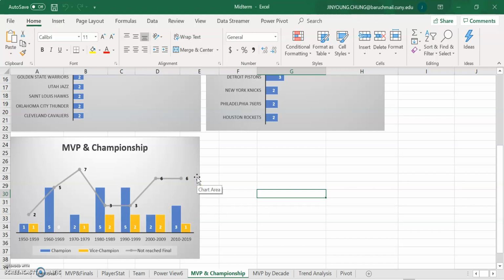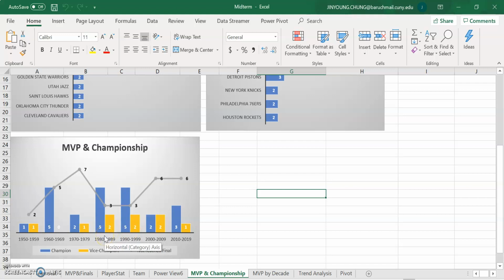It seems that there is not a strong relationship between having an MVP and winning a championship, especially in the 21st century. However, before 2000, there seemed to be some relationship. Therefore, we can conclude that having an MVP on a team does not guarantee a championship, but it will certainly increase the chance of a team advancing to the final.